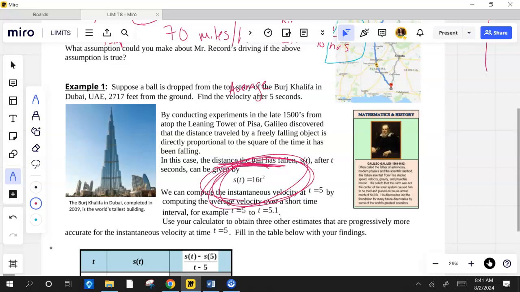So if I said how far, that's not the question I asked you initially, though. I asked you for velocity. But what I'm saying is, at 5 seconds, how far had it fallen down?